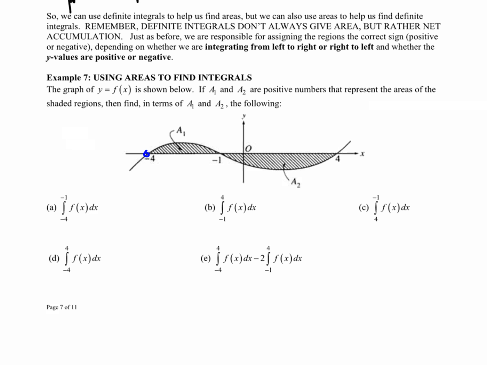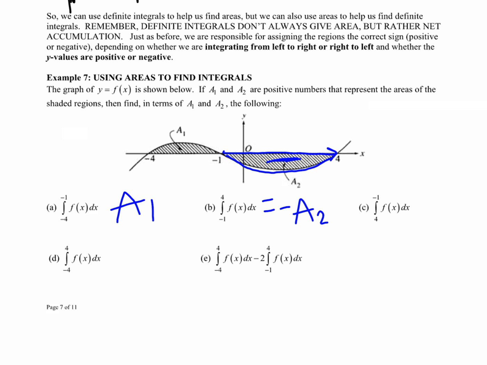So we're going from negative 4 to negative 1. That would be A1. Part B is different. It's a different area. Part B is saying go from negative 1 to 4. Because this is below the x-axis, that is negative if we're going in the positive direction. So that would be negative A2.